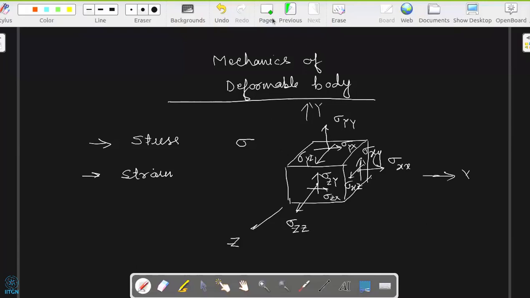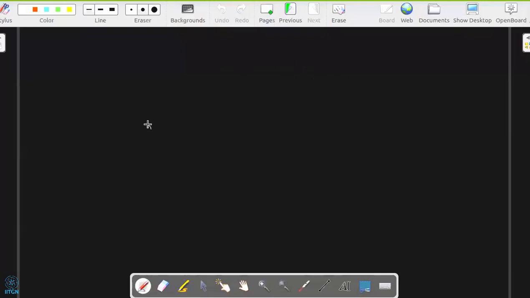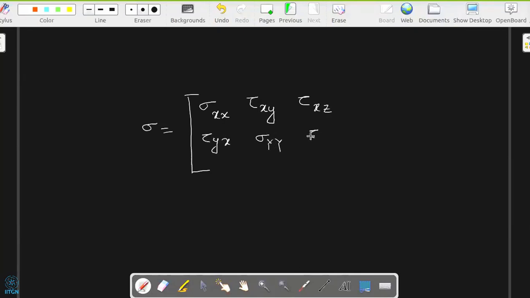And these 9 components, if you put them in matrix form, in the general stress condition, if you remember, then it is sigma xx. Let me write what you are familiar with from your BTech: xy, then xz, then tau yx, sigma yy, tau yz, tau on z plane, it is zx, zy, and sigma zz.